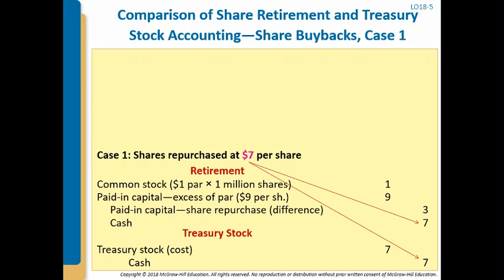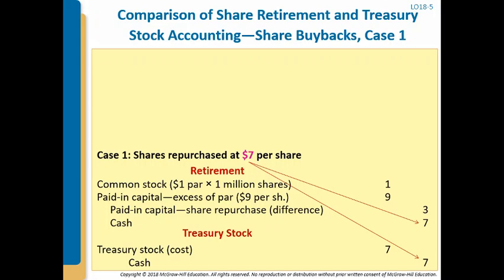Now for a retirement, here you have a situation where you're paying cash per share that's less than the par value per share, as well as the excess of par per share value. And so the par value per share is $1 per share.